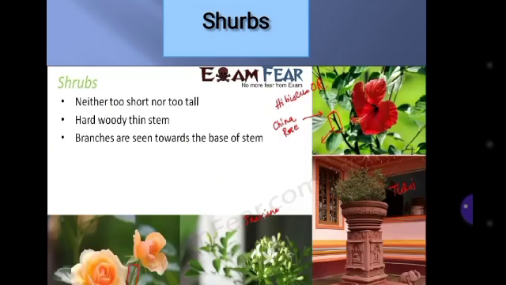Now we discuss shrubs. Shrubs are medium size, not too short, not too tall. They have hard, woody, thin stems. The stem can be brown in color as it can be hard. This is China rose.